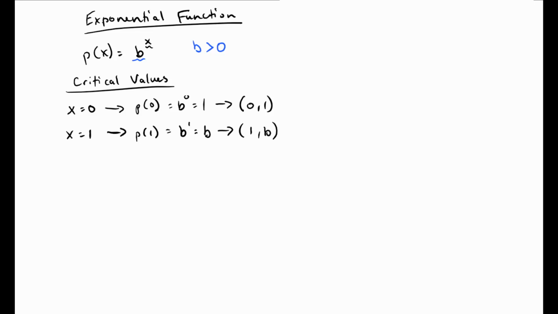it can change. Now the next critical characteristic of this function is, since we have defined our base to only be greater than 0, well, think about our function here. If we have p of x equals b to the x power, if this is a positive number here, then we in fact know that p of x will always be positive as well.